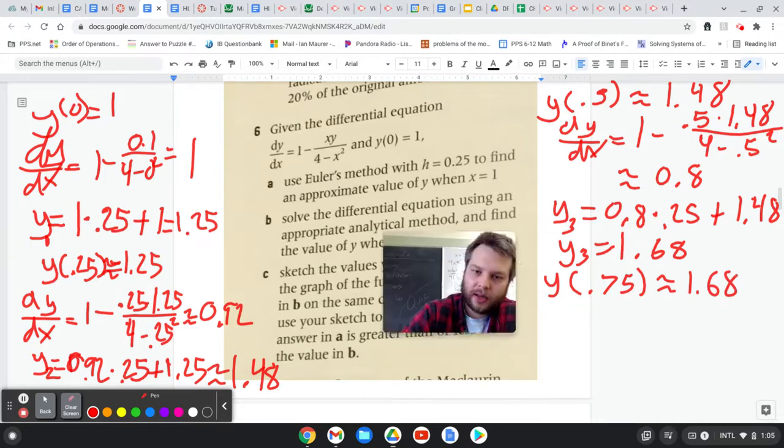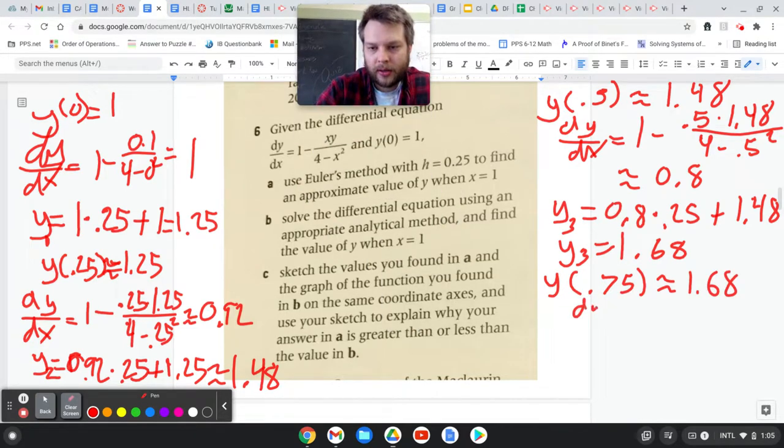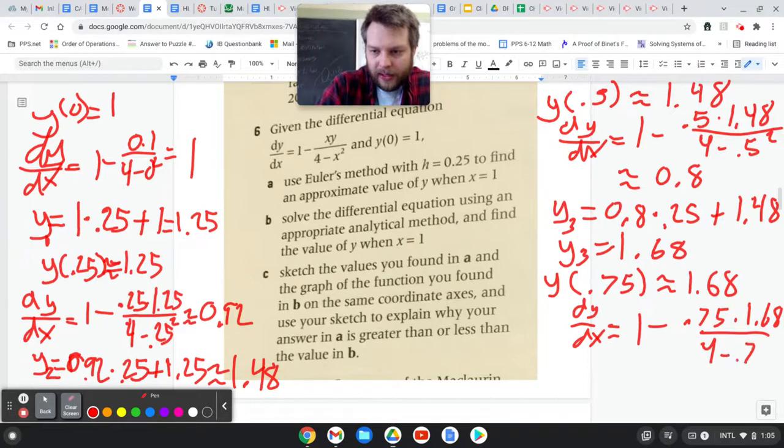Okay, we're almost there. One more time. dy over dx is, what do we got? Okay, 1 minus x times y over 4 minus x squared. Changing the values. And I get 0.63.